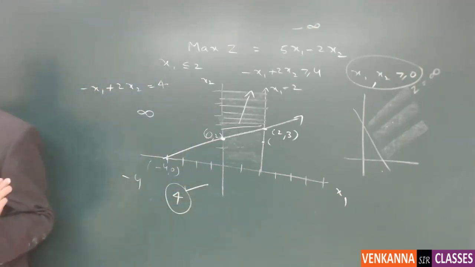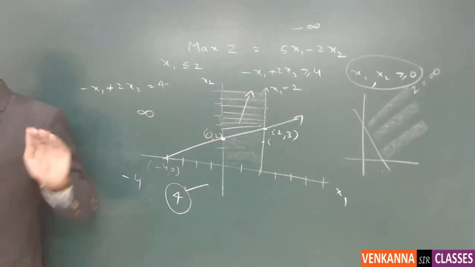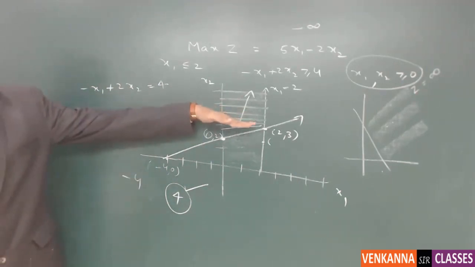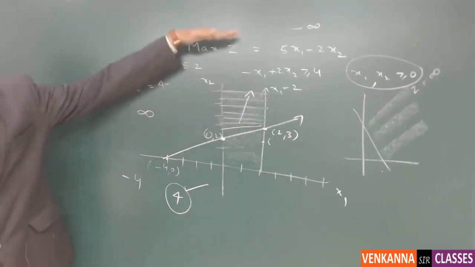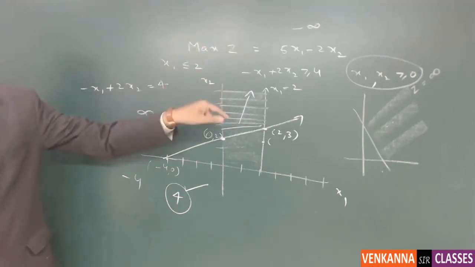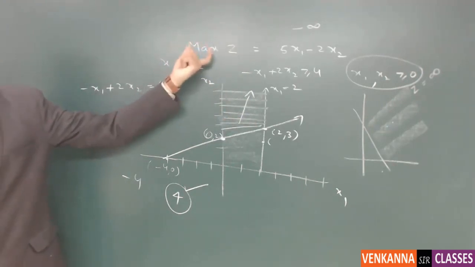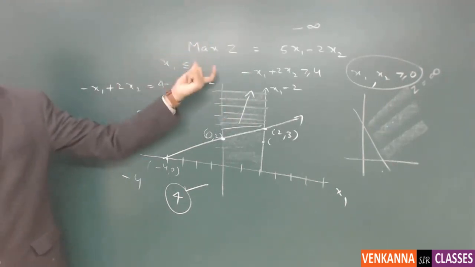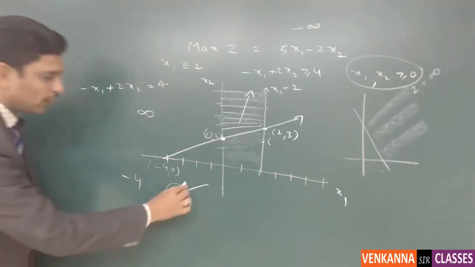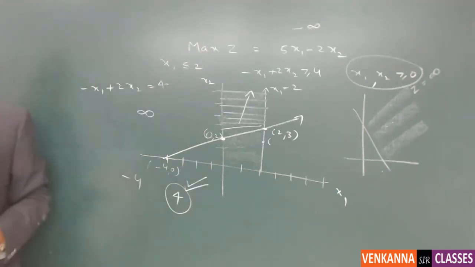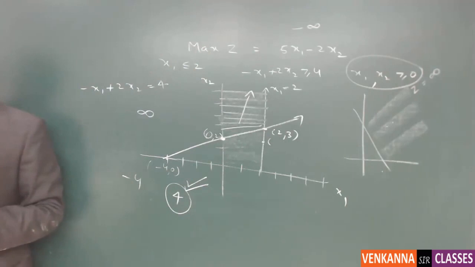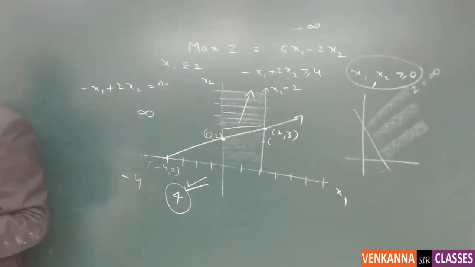I have chosen this example to show that even though the solution space seems to be unbounded, you have the chance of having an optimum solution, 4 in this case. That is my whole ideology. So you cannot always say that if the solution space is unbounded, the maximum z also becomes infinite.